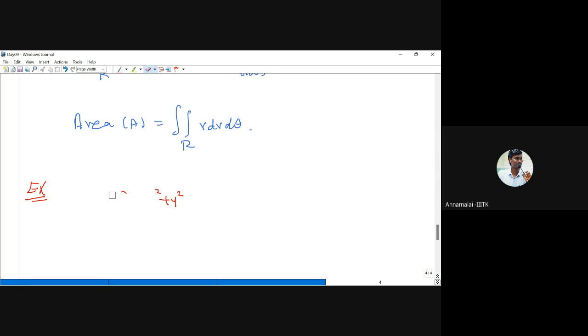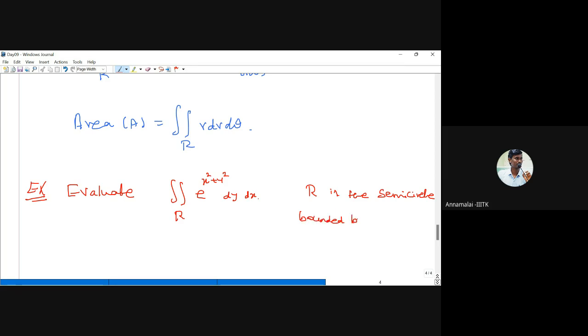So evaluate the double integral over R of e power x square plus y square dy dx, where R is the semicircle bounded by the x-axis and the curve y equal to square root of 1 minus x square.